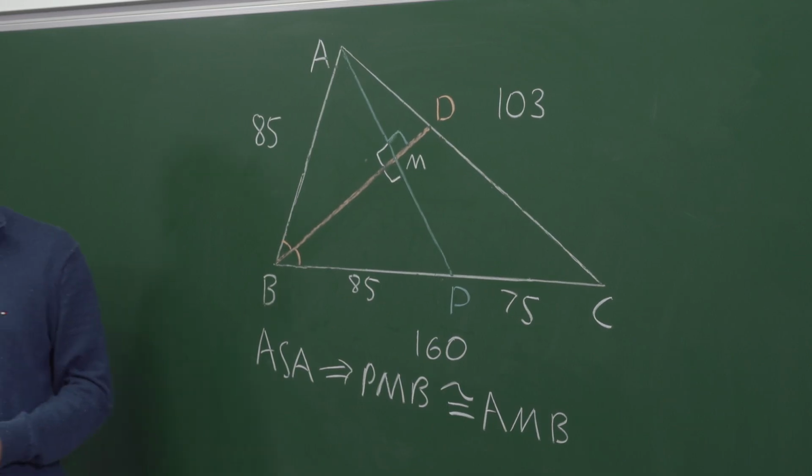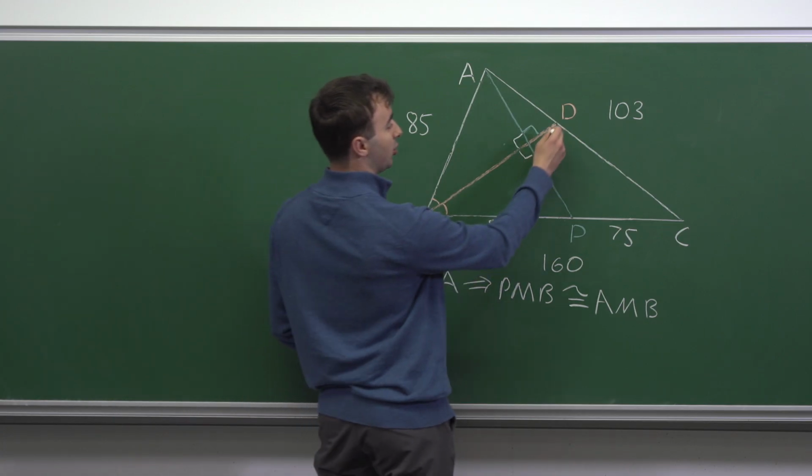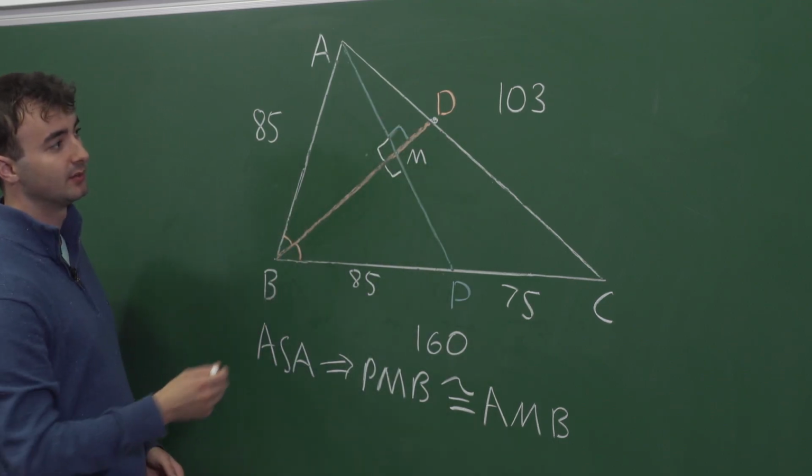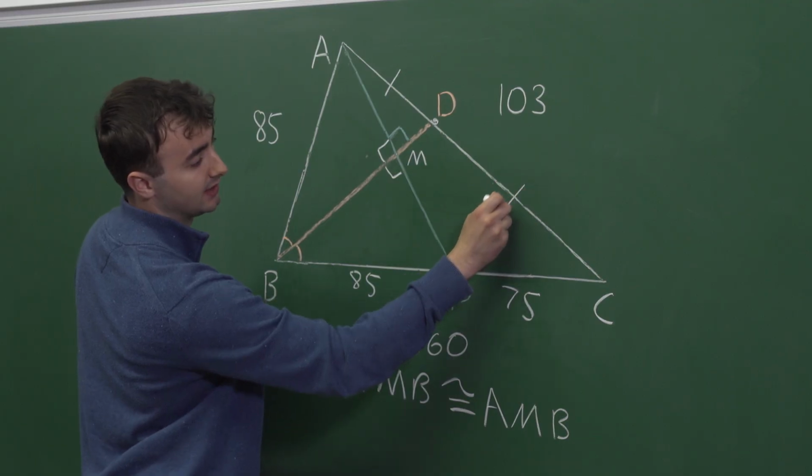The final thing we're asked is whether D is the midpoint of AC. For this, we're going to use a slightly different argument. We're going to argue by contradiction. So let's assume that D is the midpoint of AC. In other words, the length AD is the same as the length DC.